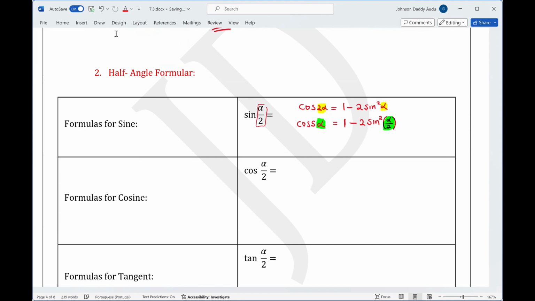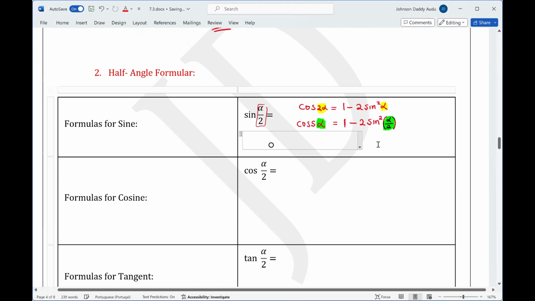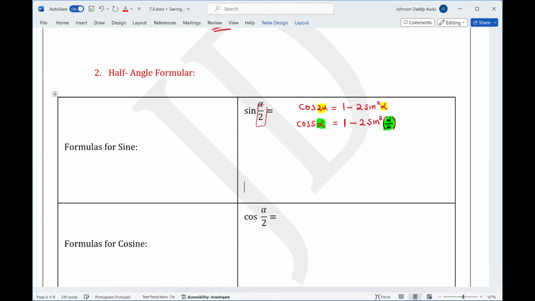Then we can try to make sine alpha the formula. We can solve for it. So let's rewrite things here. 2 sine squared alpha over 2 is going to be 1 minus cosine of alpha.